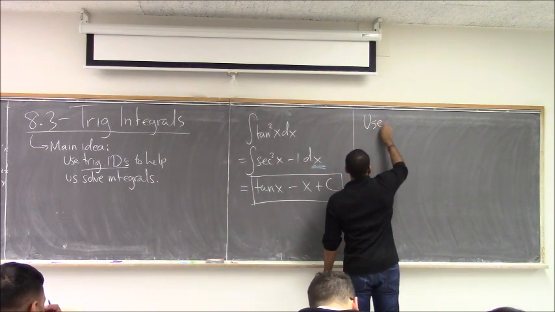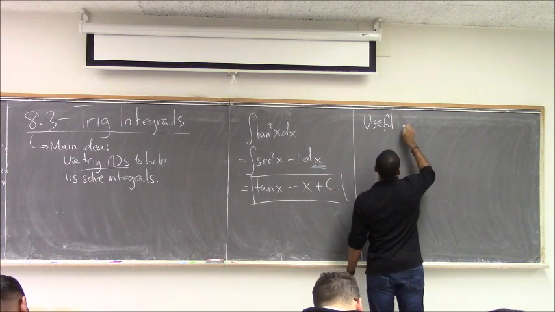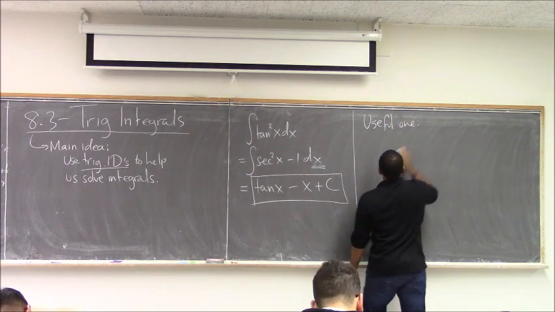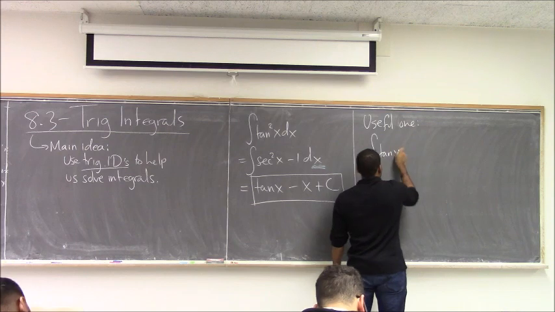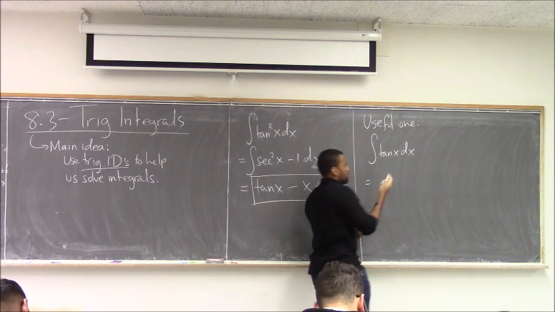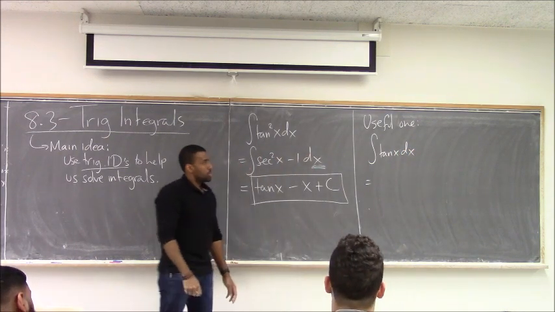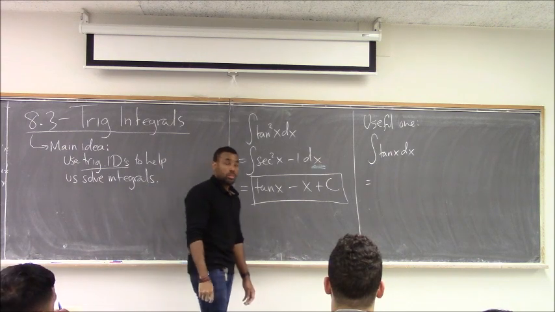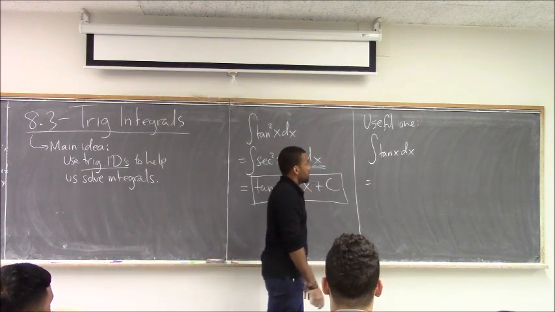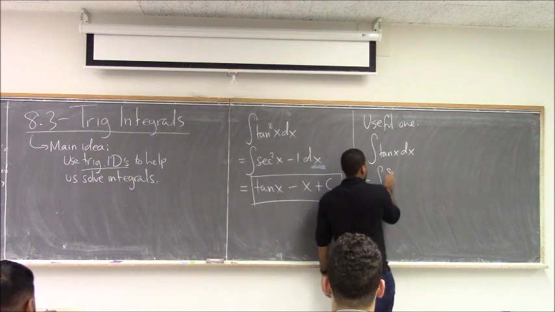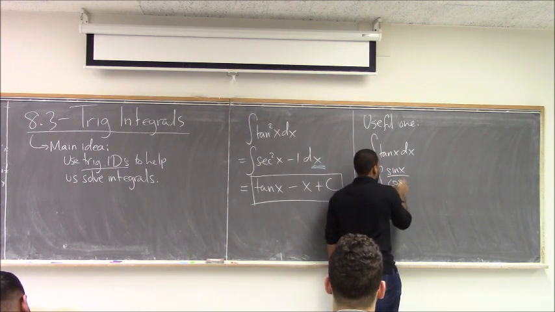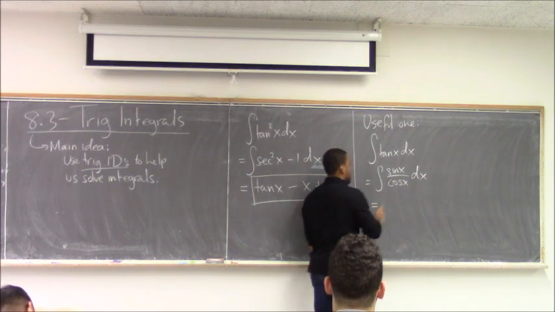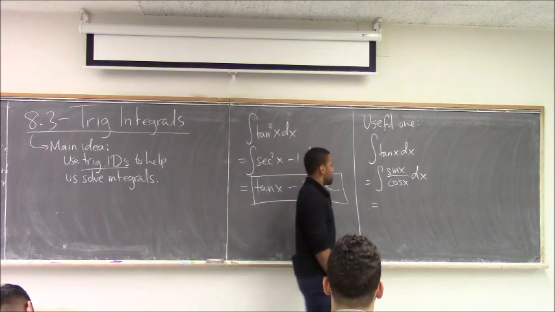Here's a useful one. The integral of tangent. If you just had tangent, what would you do here? Yeah, I'll substitute sine over cosine, sine x over cosine x dx, and then let u equal cosine x.